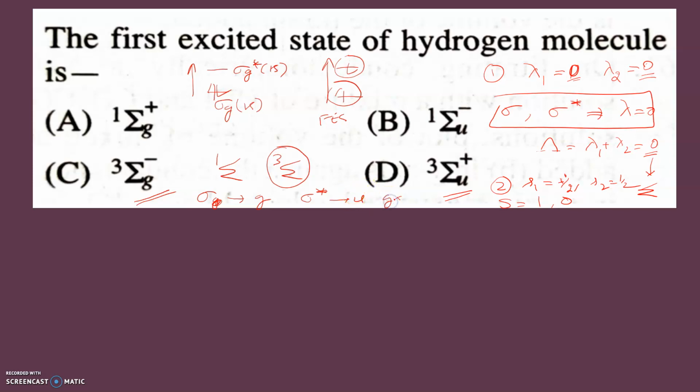If you multiply Gerade and ungerade, Gerade into ungerade is ungerade. Therefore, the correct option should be option D. So it is very easy to find the term symbols for the ground state as well as for the excited state for molecular systems.